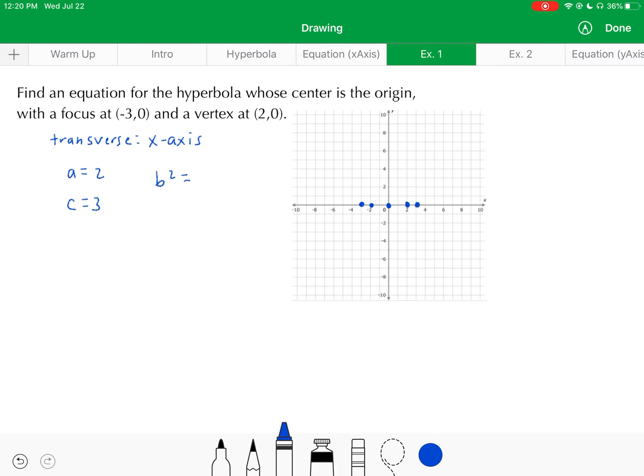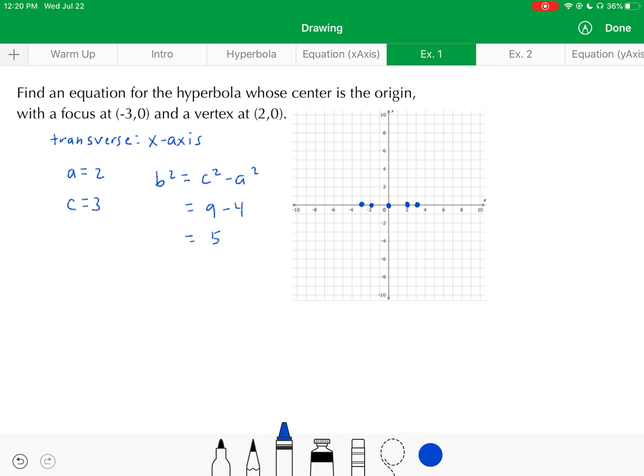Use B squared equals C squared minus A squared, which is 9 minus 4. And that gives me B squared to be 5. So once I know B squared, I can make my equation.